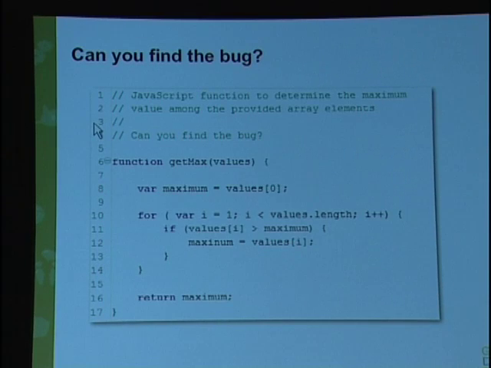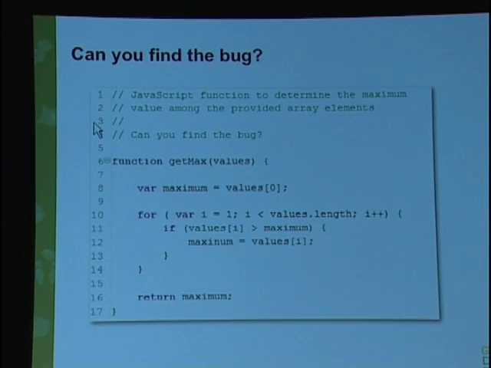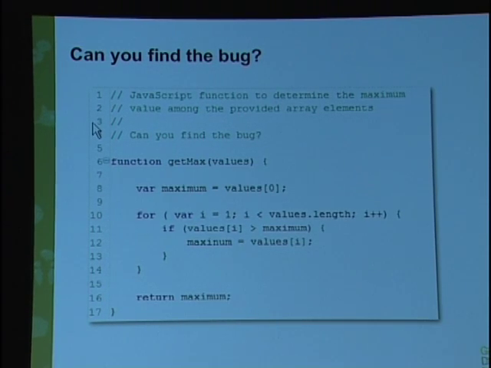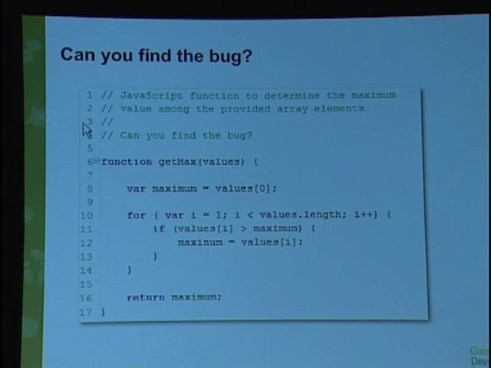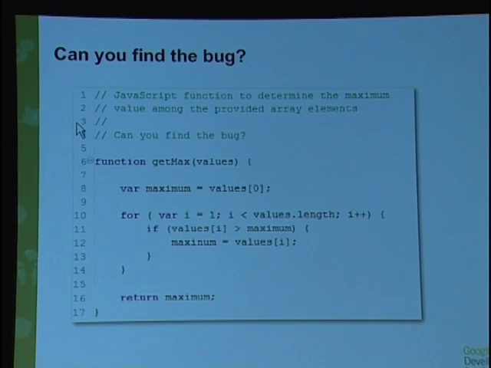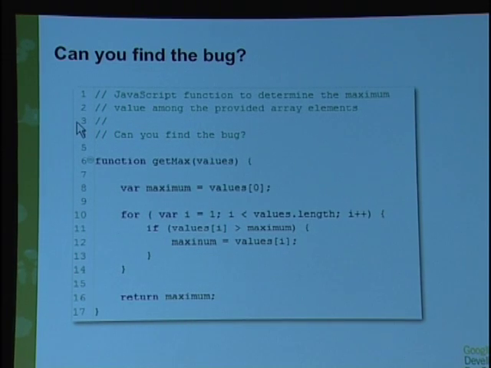So we take the array, and we take the very first value, so values 0, and then we loop through the remaining values, and we try to find a value that is higher than the value found so far, greater than the maximum. If so, we find the new maximum, and then at the end, when we loop through all the values, we return the maximum. So this function is trying to find the biggest number in a list of numbers.